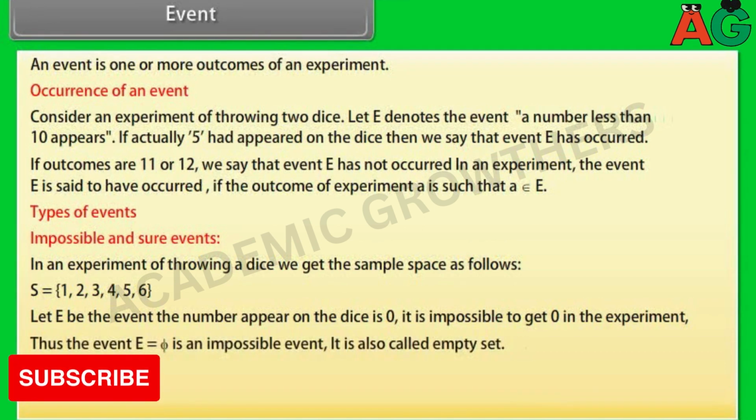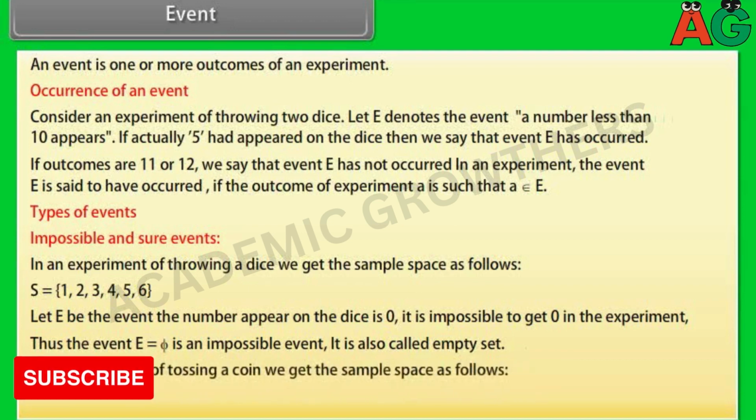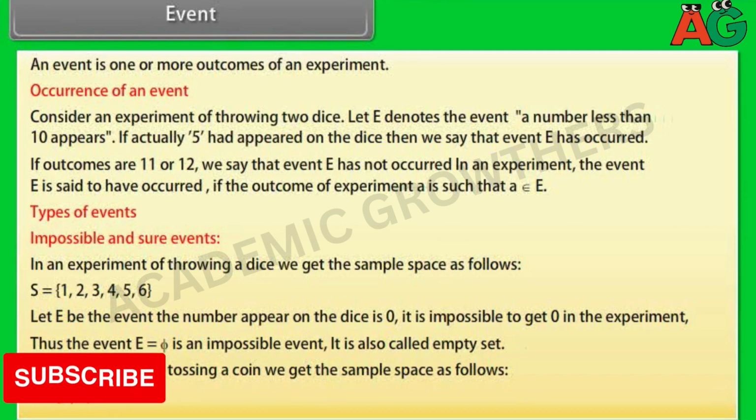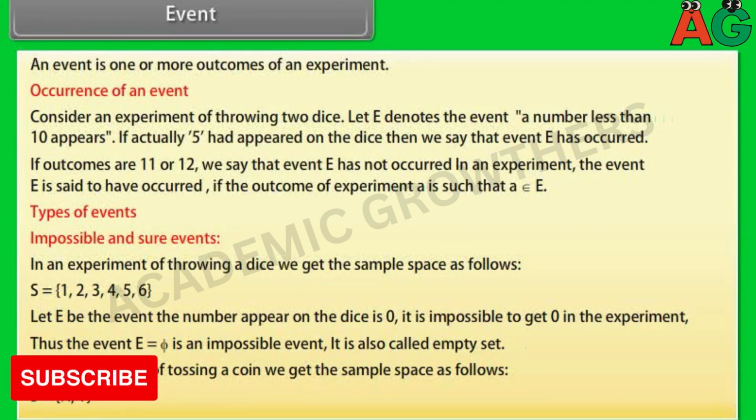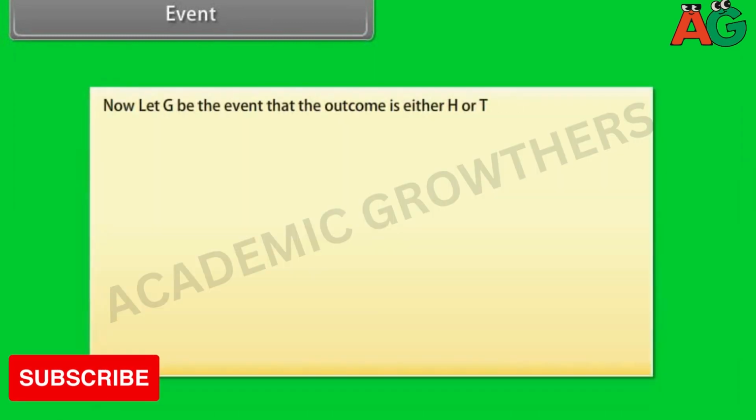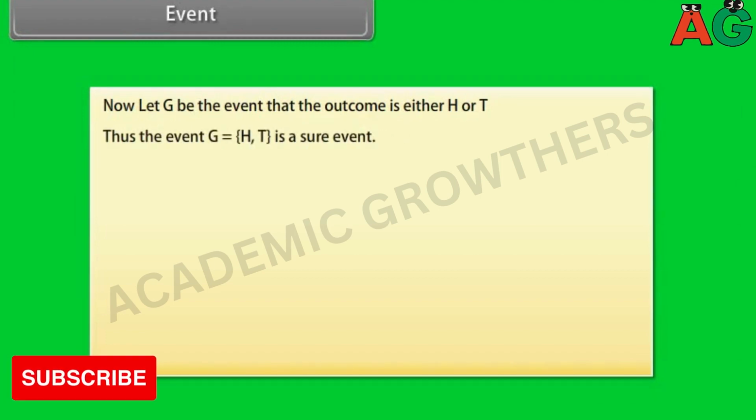Thus, the event E = phi is an impossible event. It is also called the empty set. In an experiment of tossing a coin, we get the sample space S = {H, T}. Now let G be the event that the outcome is either H or T. Thus, the event G = {H, T} is a sure event.